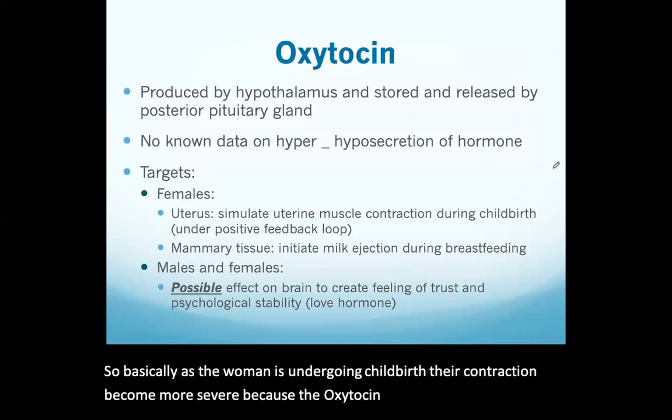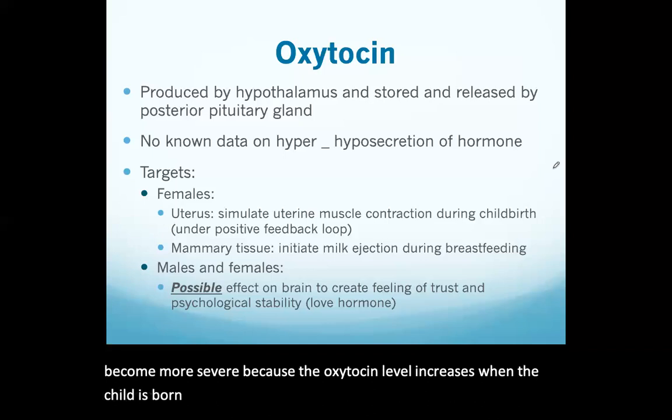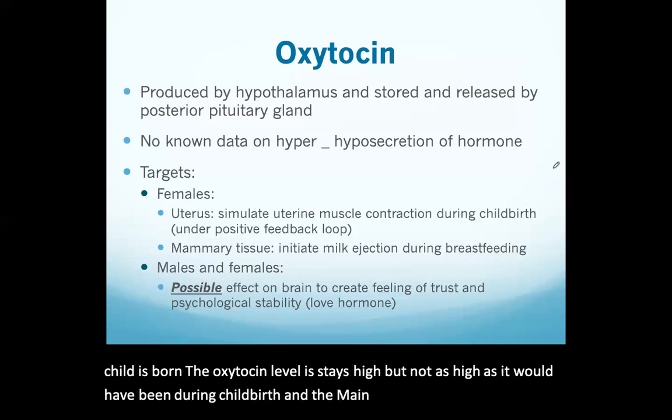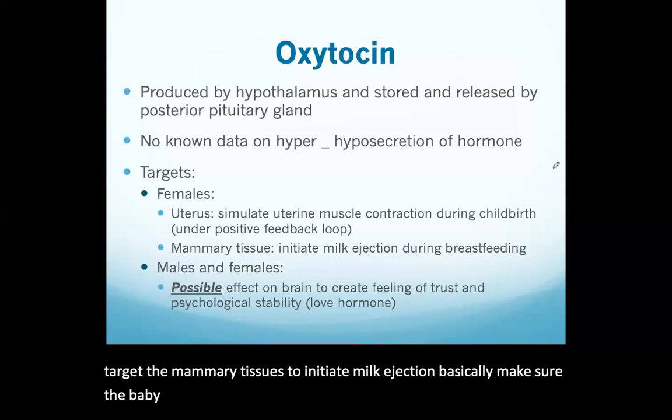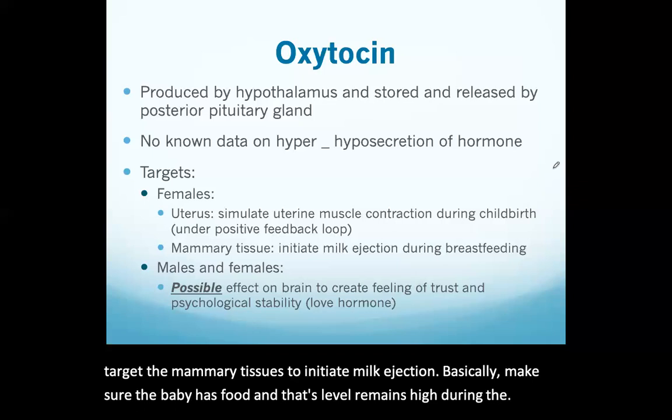When the child is born, the oxytocin level stays high, but not as high as it would have been during childbirth. The main goal then is to target the mammary tissues to initiate milk ejection, basically making sure the baby has food, and that level remains high during the time of breastfeeding.